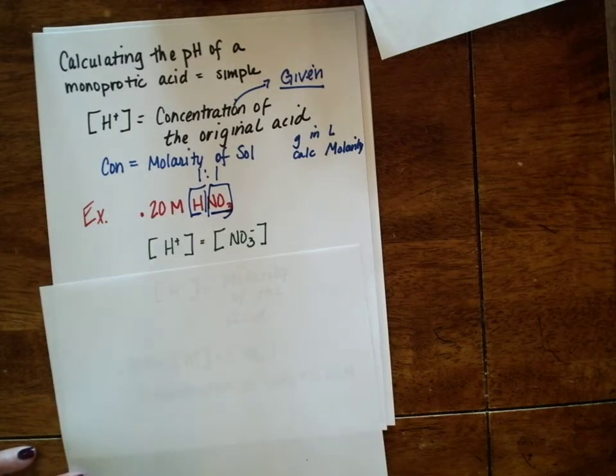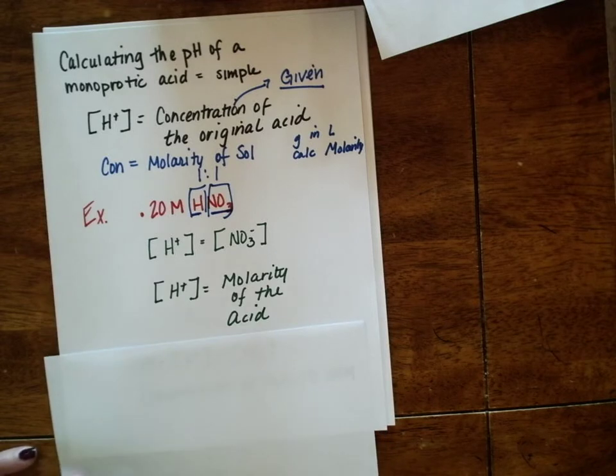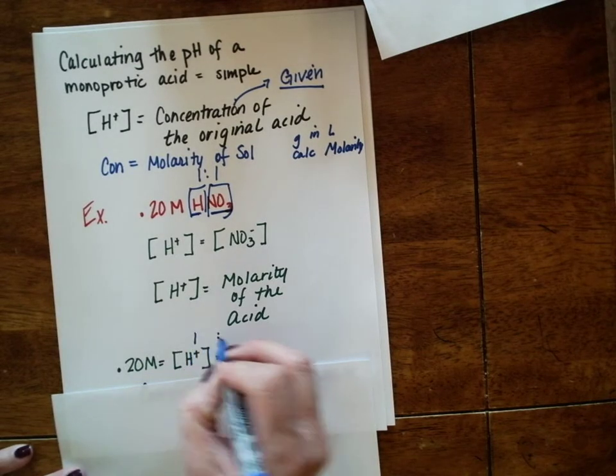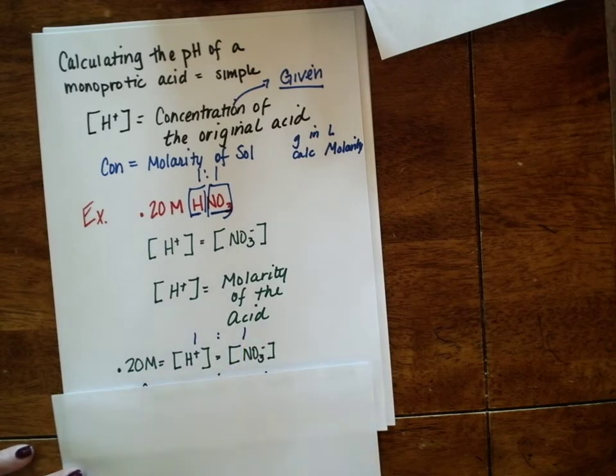So I can say that my H plus concentration is equal to my NO3 minus concentration. And I know again that my H plus concentration equals the molarity of the acid. So I can say that 0.2 molar is equal to my H plus concentration, which is equal to my NO3 minus concentration, because again, 1-to-1 ratio.